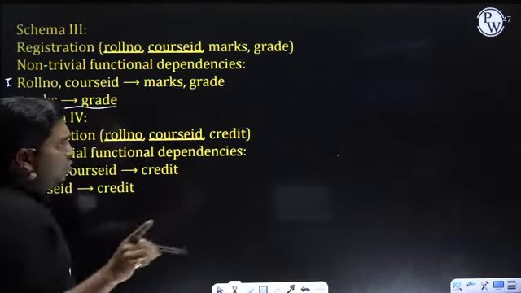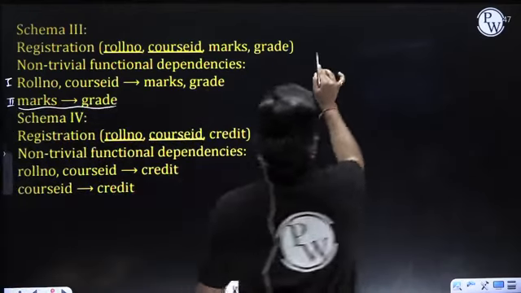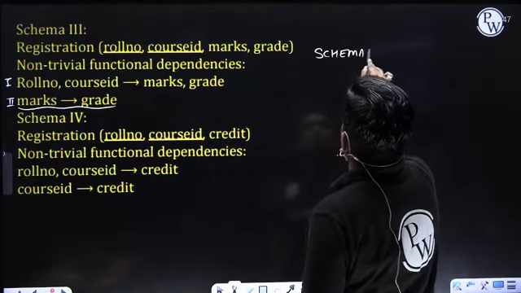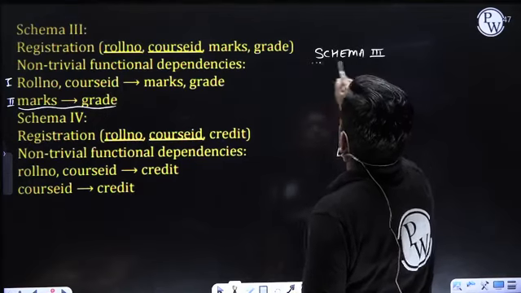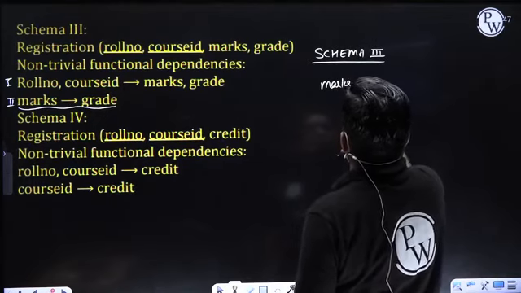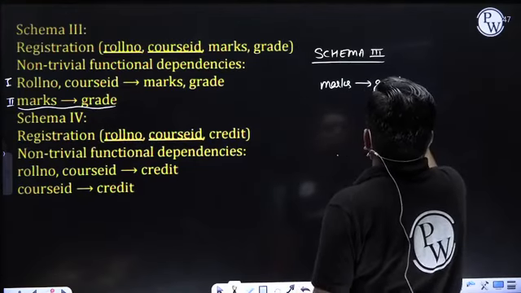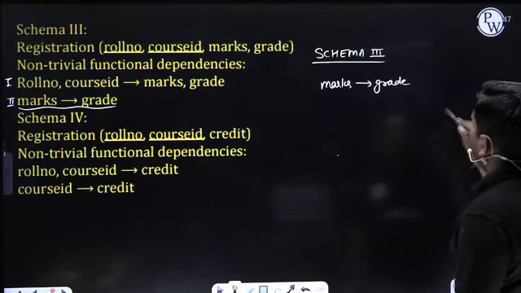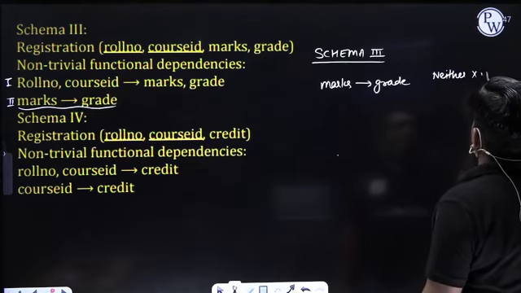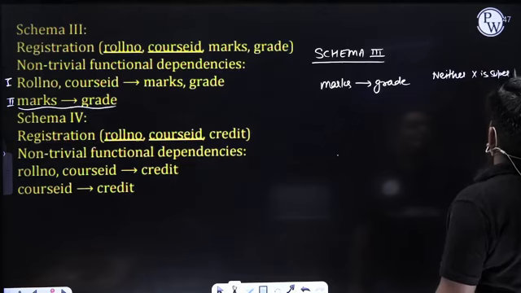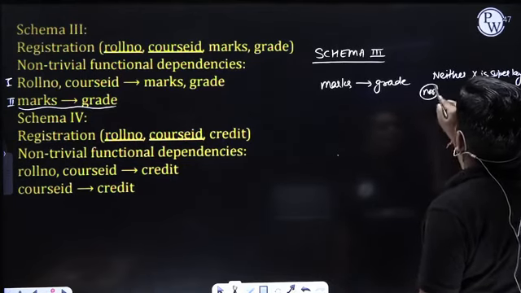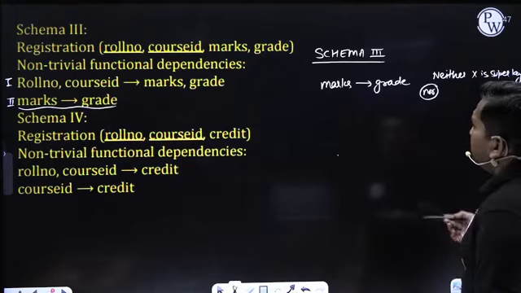What is happening in schema third? Marks to grade. Here what is the case? Here neither X is a super key, nor, X means what?